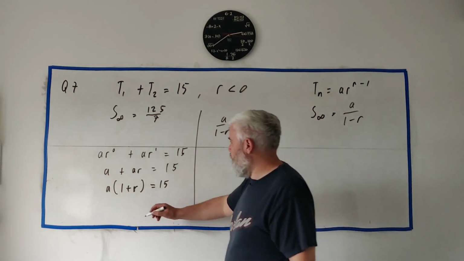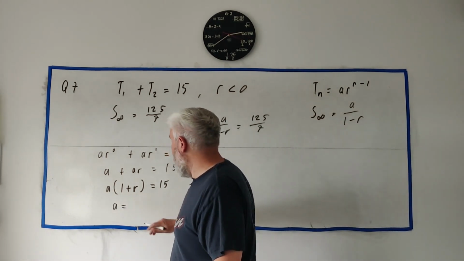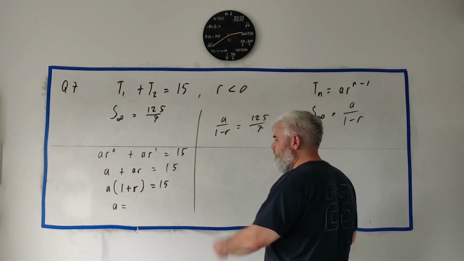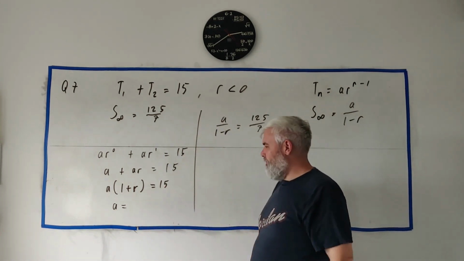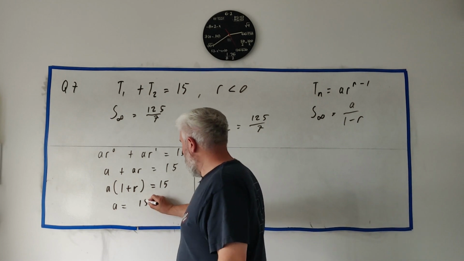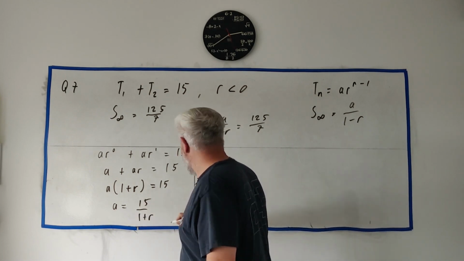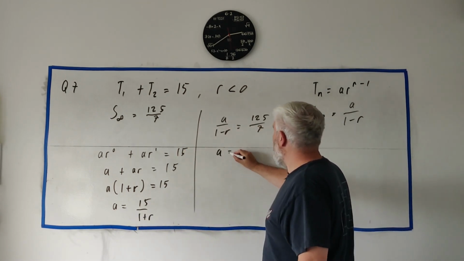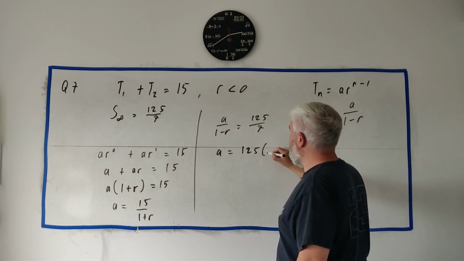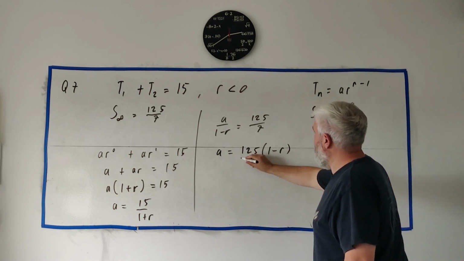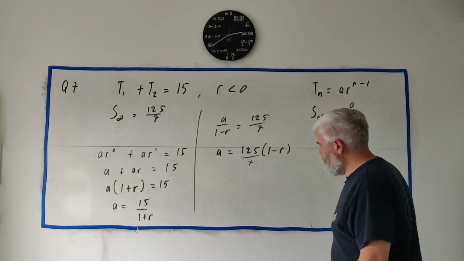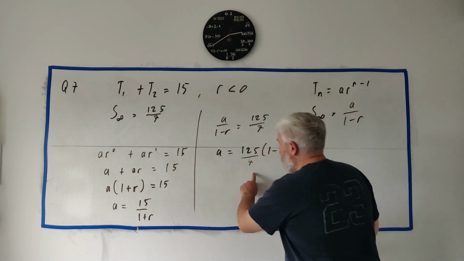The best way I would reckon to do it would be get the same thing, a equals, on both sides, but there's a few different ways to do this. a equals 15 over 1 plus r. Rearrange this one, we get a is equal to 125 times 1 minus r over 7. Put these equal to each other.